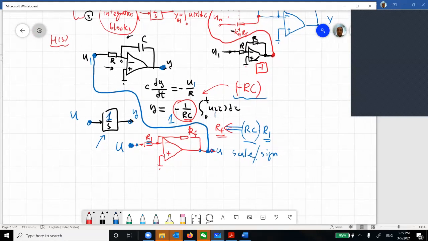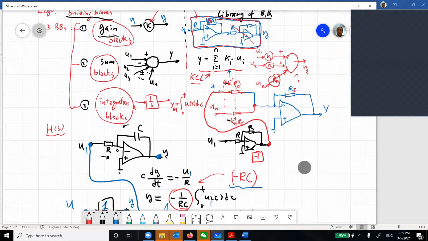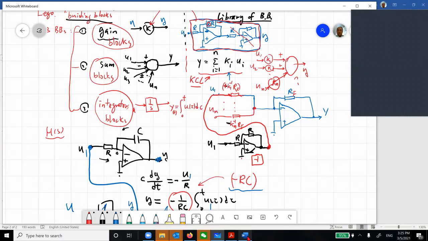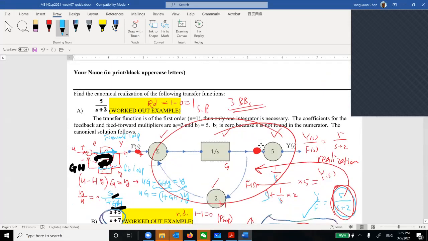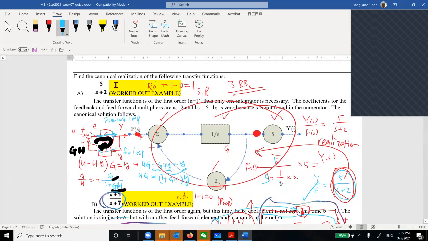So now, if I give you low pass filters like this, you should be able to do Bode plot, impulse response, or whatever. That's easy. But how to do realization using op-amps? You already can do these 3 different blocks.